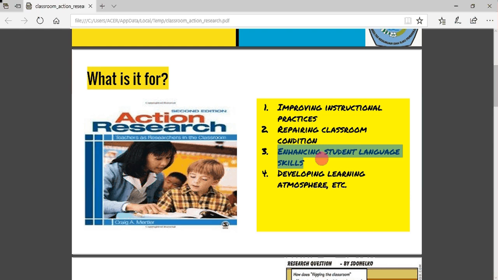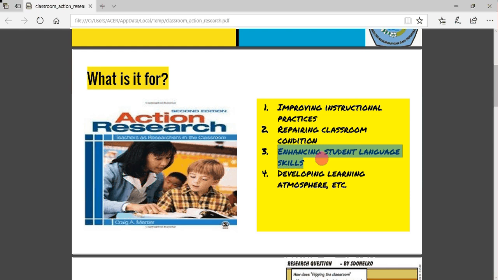Then starting from this point of view, you go to your library, you read more resources, journals, for example online journals, or reports of research. You go to seminars, you listen, you participate actively in the discussion, and you finally get something very fruitful for overcoming how to improve or enhance student language skill.